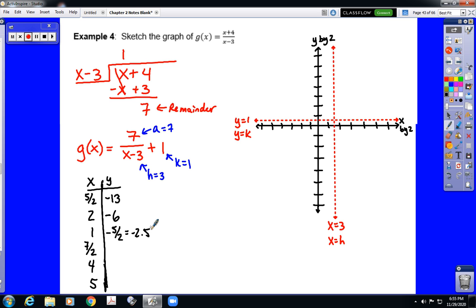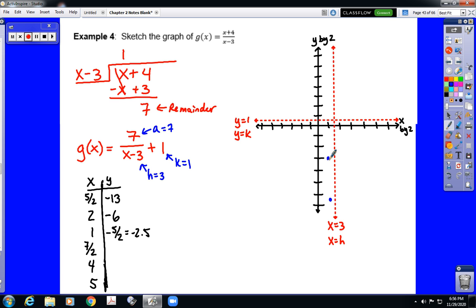We can go ahead and graph those points and see that piece. We have 5 halves, which would be about here, negative 13. Let's see, 2, 4, 6, 8, 10, 12 would be right here. 2, negative 6 would be right here.